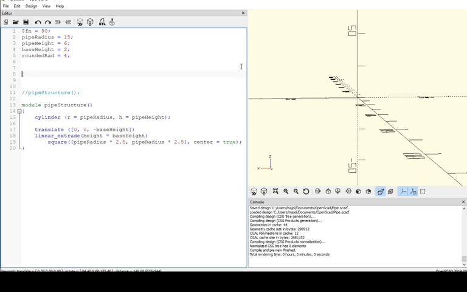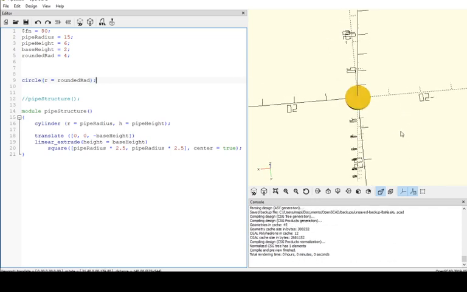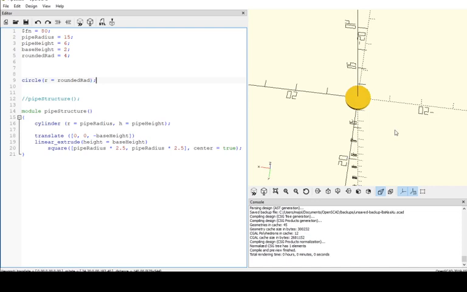So let's try and create something that'll capture it. So obviously 2-dimensional, that's where we start. So we just want to draw a circle. There's our circle, right? Nothing fancy about that.